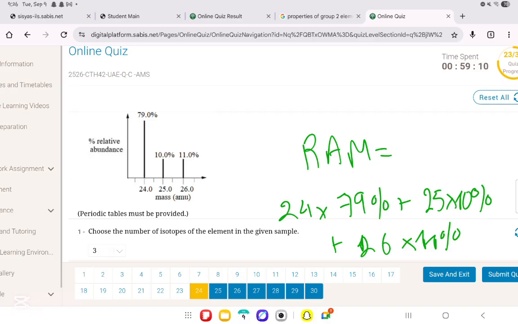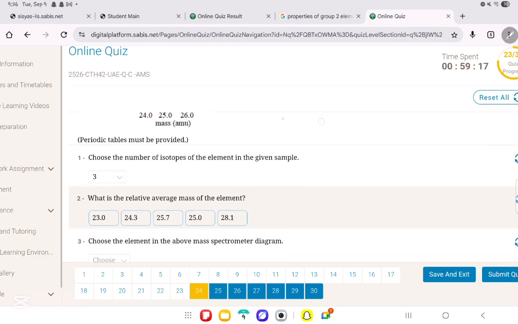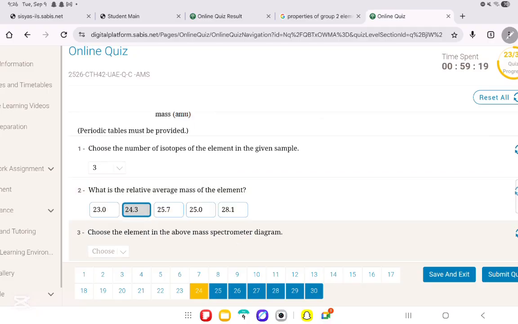What will you get? You will get an answer which is approximately 24.3 grams. This is the relative average mass. Now, check in the periodic table and you will see that it is magnesium that has a relative average mass of 24.3.